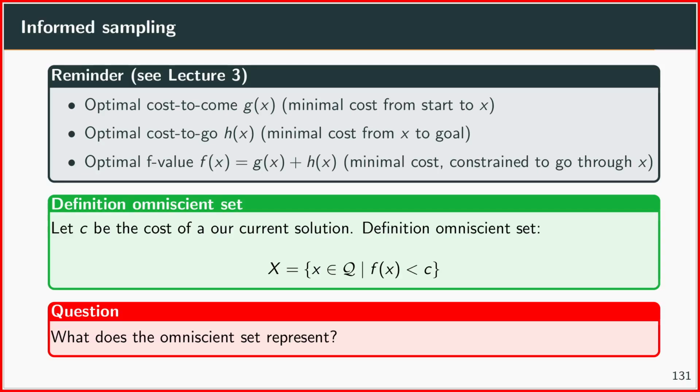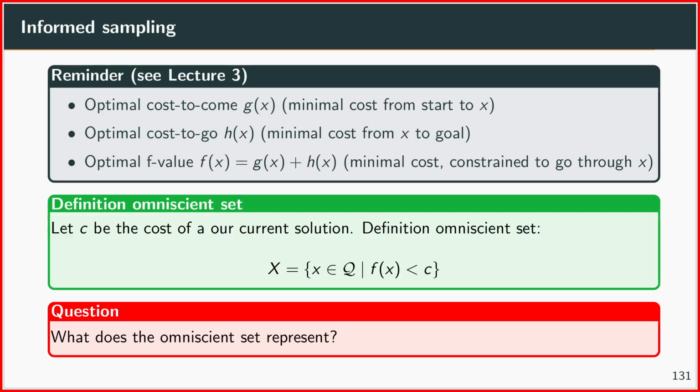Yeah, I think you're already one step further. So this one is actually having the optimal cost to go, which is also taking all the constraints and all the collisions into account. So this would not be a circle anymore because not everything in the circle might be feasible. But yeah, you could actually think about the set as all the configurations which lie on a path with this f value here.